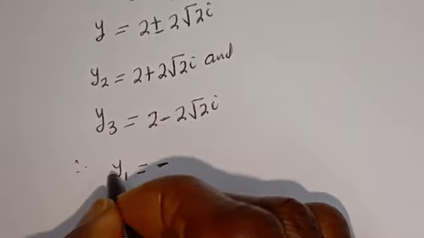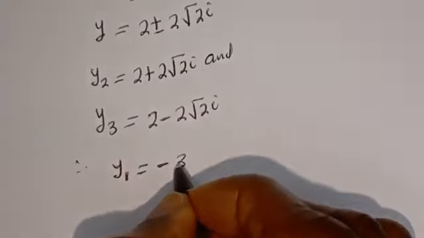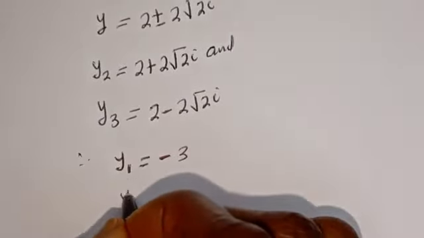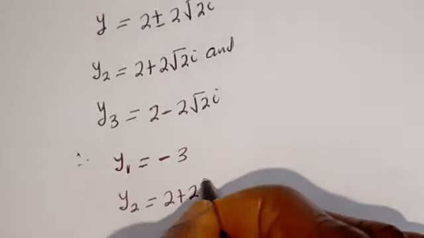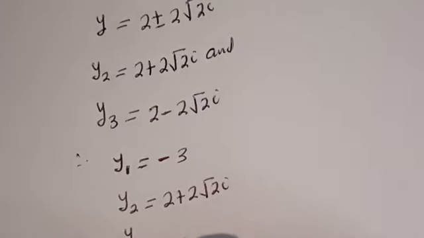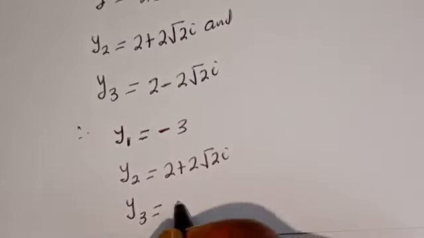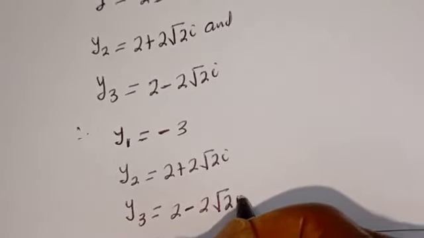Therefore, the values of y are y1 is equal to minus 3, y2 is equal to 2 plus 2 root 2 i, and y3 is equal to 2 minus 2 root 2 i.